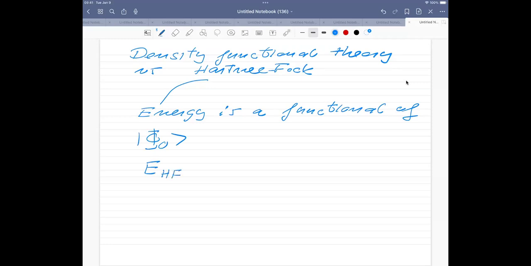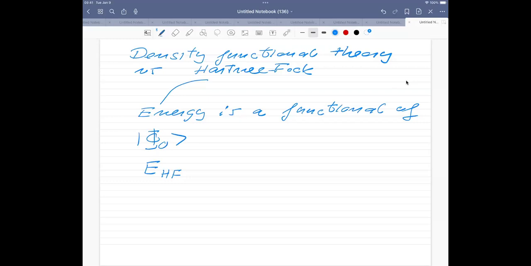It's not the Hartree-Fock energy for the single particle states, because what we found when we used variational calculus is that we found a recipe for finding this Hartree-Fock energy in terms of a set of coupled single particle equations.